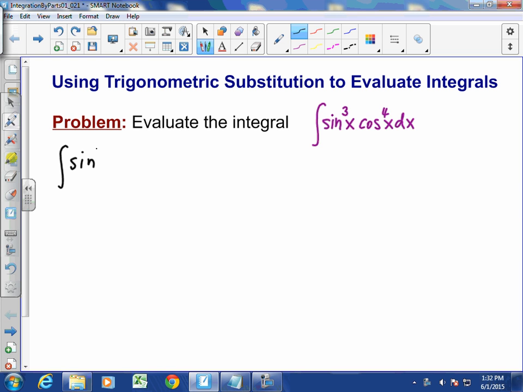sine to the m x, cosine to the n x dx, check if m is odd.